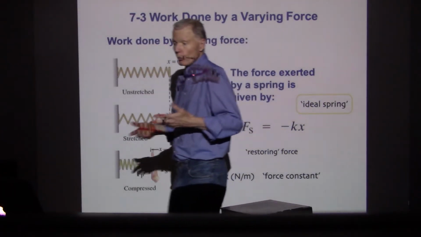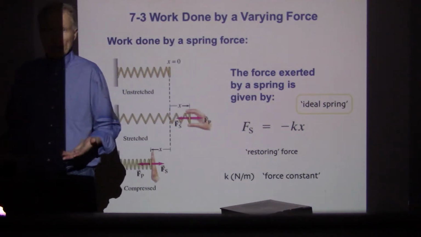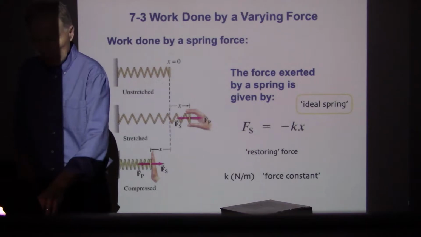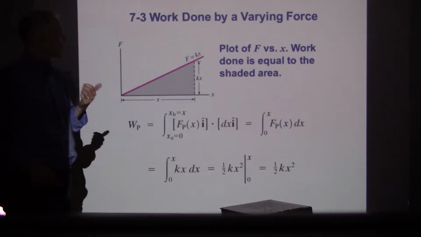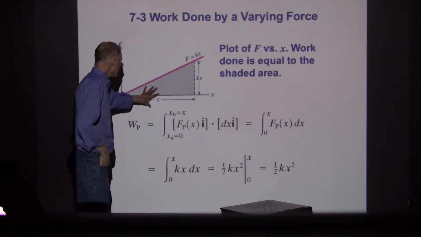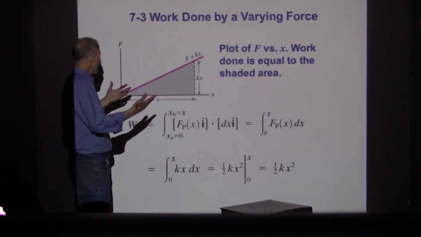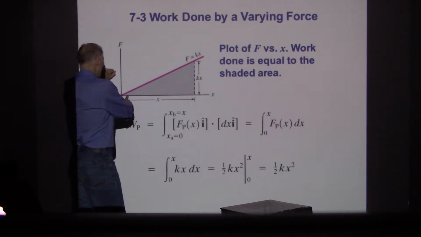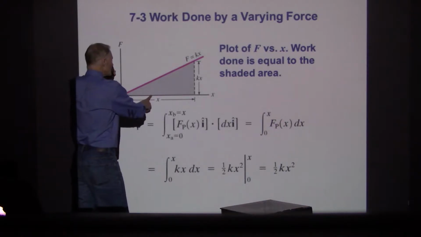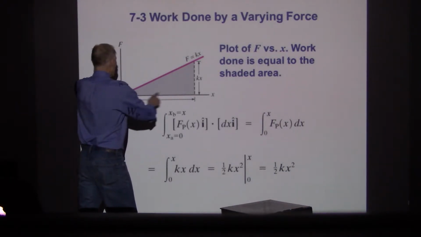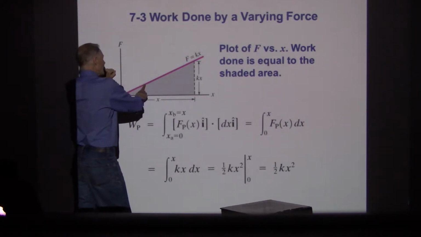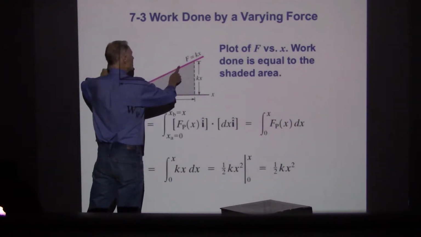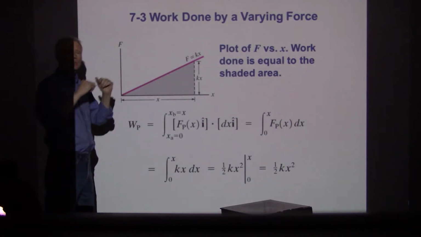Well, we can take any spring into the lab, and we could make a graph like this. We could take a spring and stretch it out maybe 1 centimeter at a time, and take data on how much force is required to stretch it out.